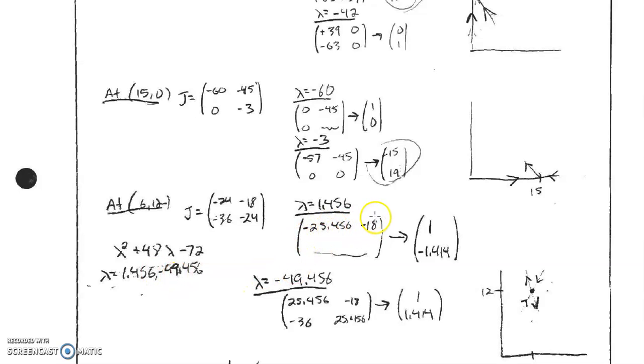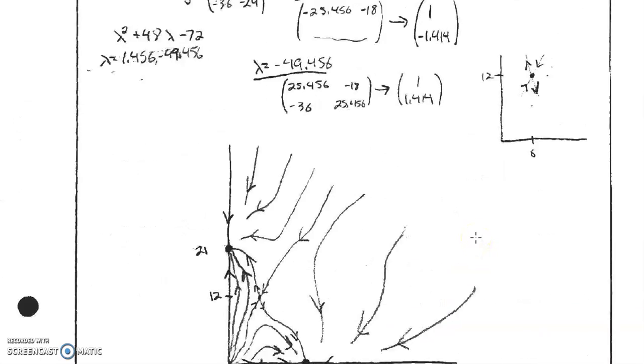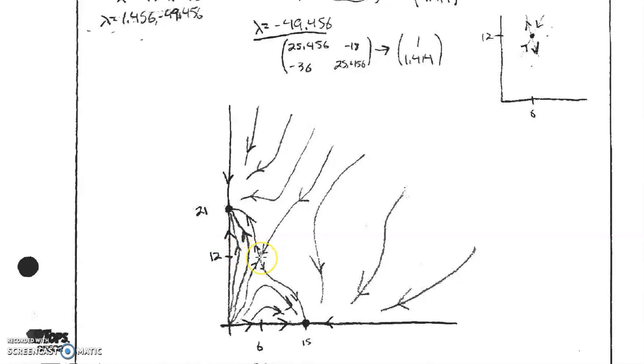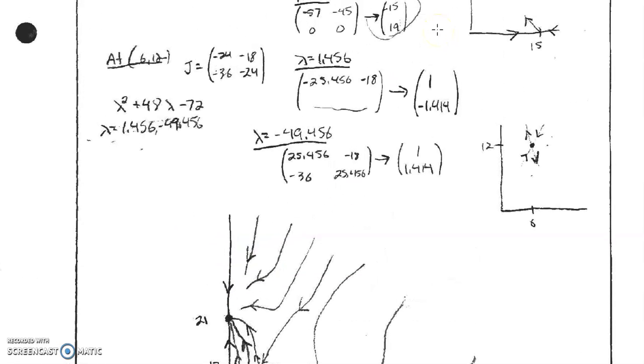I only really did this upper one, and then I got one -4.1, and then I did this one, and I got the same thing, but one was positive, which gives me this guy. Bottom line is that one of them, the eigenvector that is positive in both pieces, has a negative sink-ness to it. And then the other one grows, right? So I get this in and then out and out.